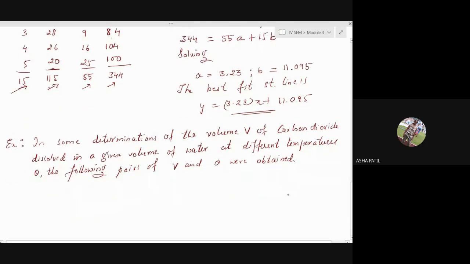I'll just write the values. Theta and V. Theta values 0, 5, 10, 15. V values 1.80, 1.45, 1.18, 1.00.